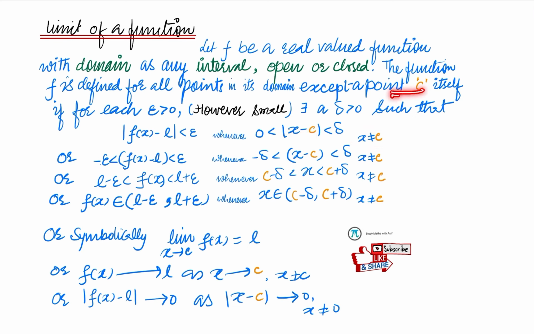Because the function is not defined at C. We have taken the function as not defined at C, so we have to skip C. Hope you understand this. So when you process further using the definition of the modulus, you find it is simple. We can write by the definition of the modulus, and we need to keep in mind x is not equal to C. That is why it is also written here greater than 0, in order to avoid C, right?